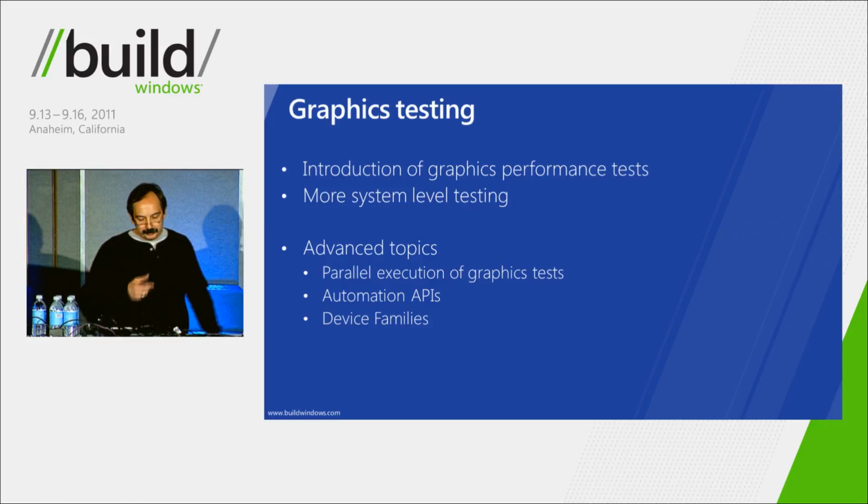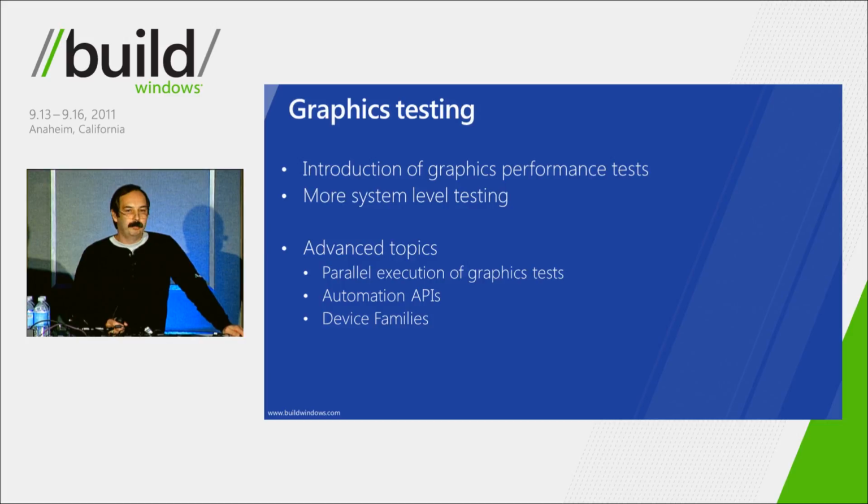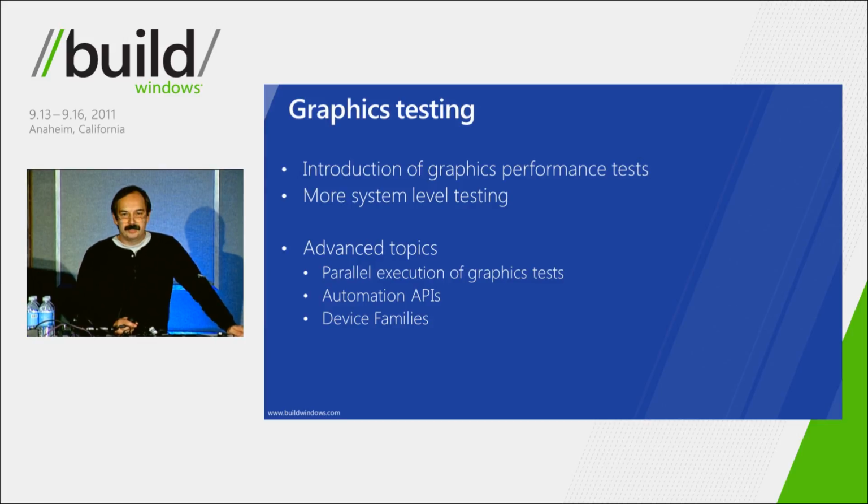Now, the graphics testing also has some advanced topics. I mentioned already many times that we do parallel execution with the kit, and there's automation APIs to help you with that. There's also this thing called the device family. I touched on it in a previous slide, but a device family is really a set of devices that are effectively the same, but they have certain optional features or things different between them.